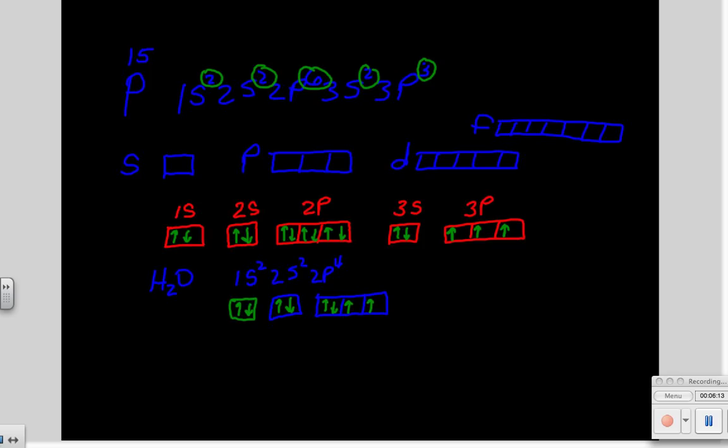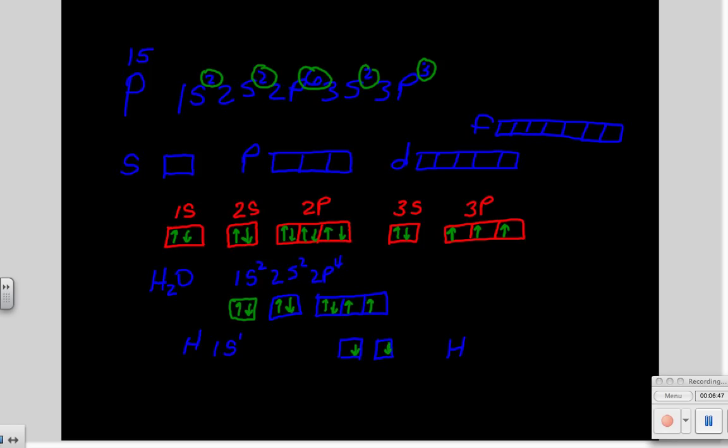Well, hydrogen's orbital diagram is the simplest, 1s1, which means there's just a box for the s and 1 electron in it. And if I happen to have another hydrogen sitting around, it's going to have a box also, 1 orbital for its s with 1 electron in it.